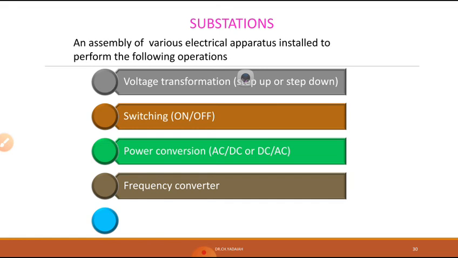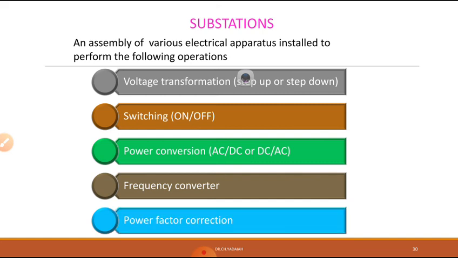Those areas use separate electronic components that convert one frequency to another. Already in electronics we have studied that frequency can be converted by using different electronic gadgets, such as cycloconverters.